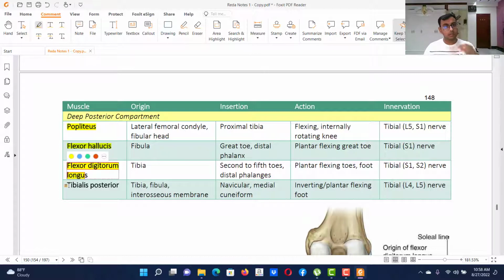That time it was tibialis anterior; here is the tibialis posterior. These four muscles are also supplied by the tibial nerve. I already told you that the posterior compartment, superficial and deep, are both supplied by the tibial nerve. The tibial nerve root value is sometimes important, but just remember the name tibial nerve.